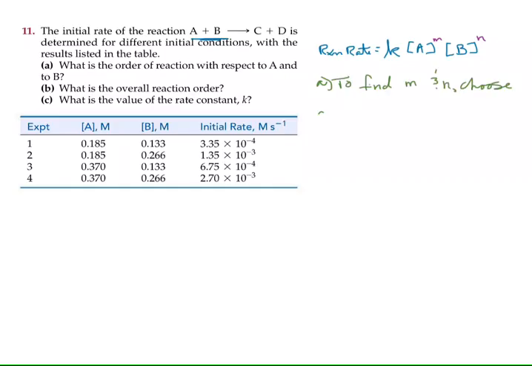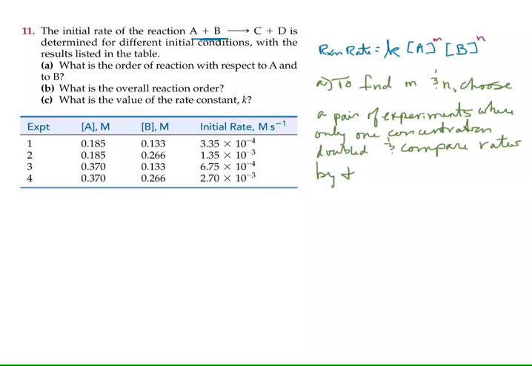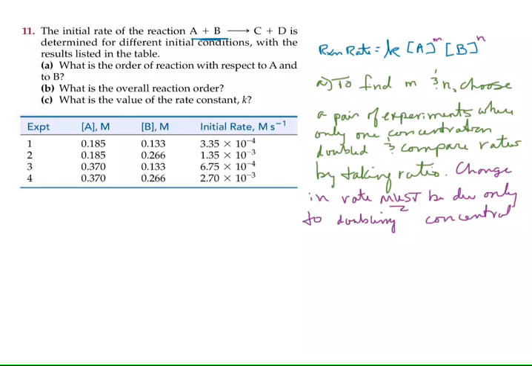What is the reaction order? To find the reaction orders, choose a pair of experiments where only one concentration was doubled, and compare the rates. Now, the rates are not as obvious as the ones we just had. So remember, you're going to have to actually divide the faster one by the slower one and see what factor you got.